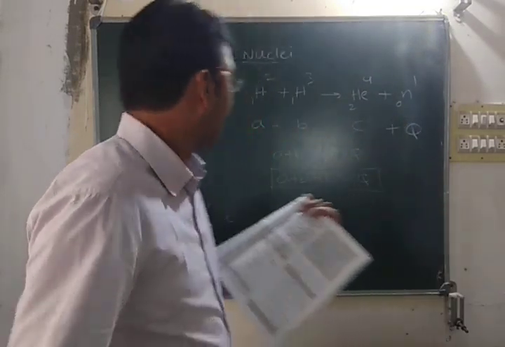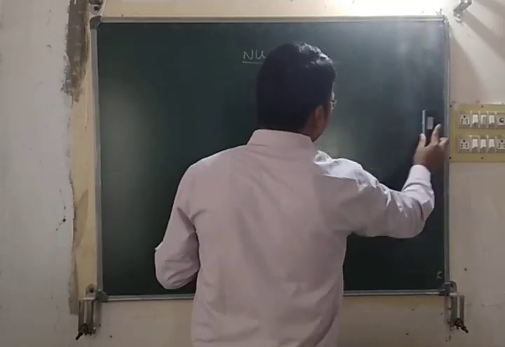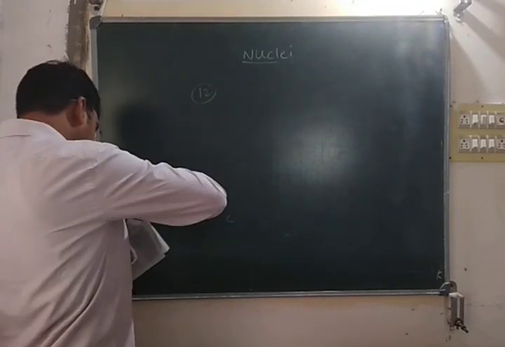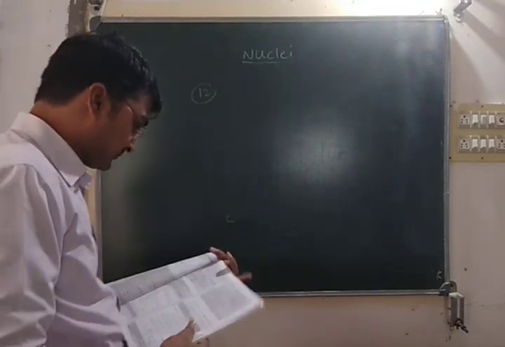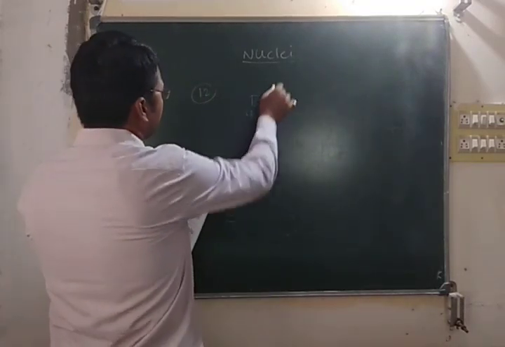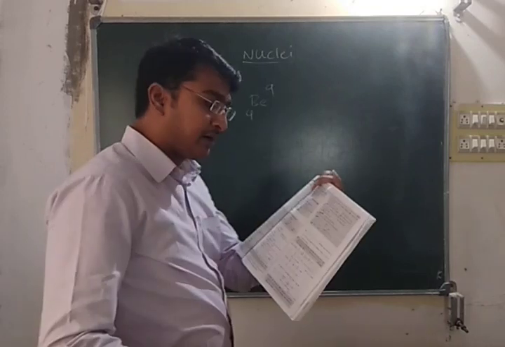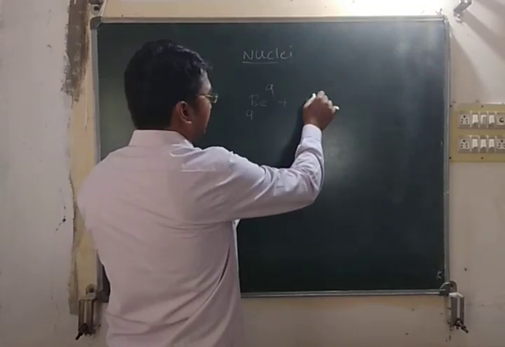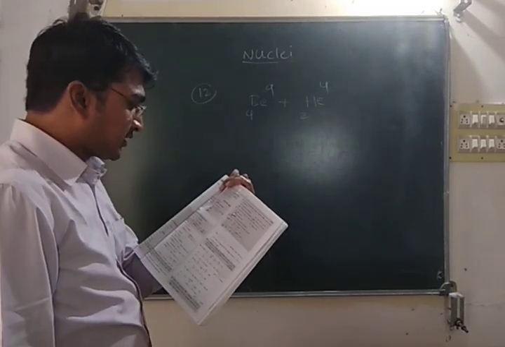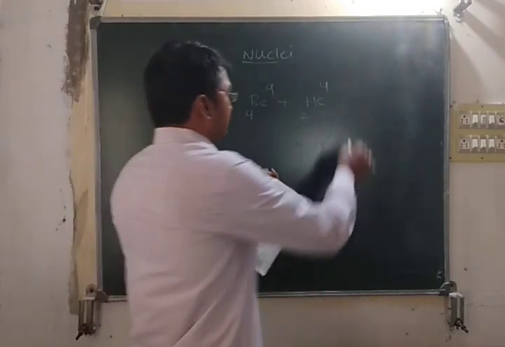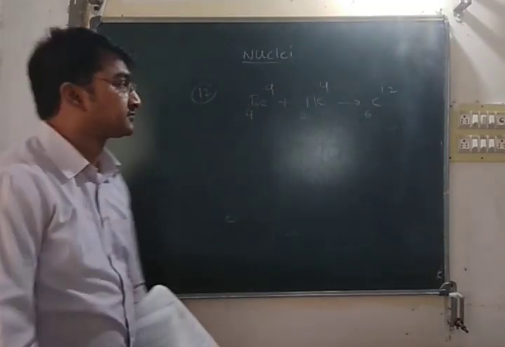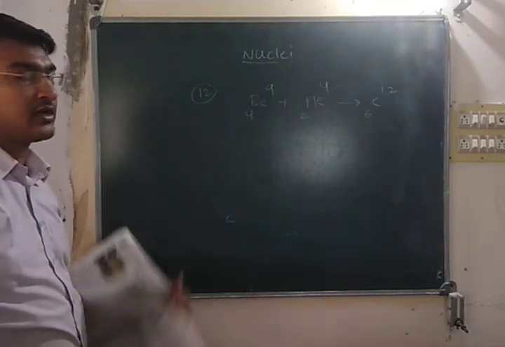Next question, that is the 11th question over theoretically, and the 12th question. Question number 12: when a beryllium-9,4 atom is bombarded with an alpha particle, helium-4,2 is the alpha particle, the product of nuclear transformation is C-12,6 and the other is... simple, easy.